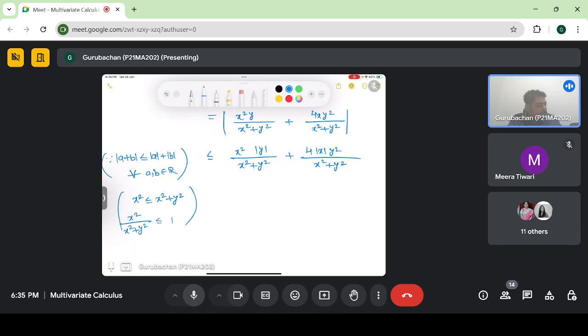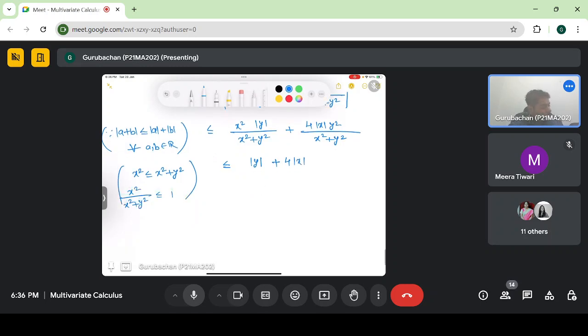With the help of this argument, we can write here mod y. In a similar way, for y square, we can write mod x. So we can rewrite it with a factor of 1 into 1 for more clarity: mod y can be written as this and mod x can be written as that. I hope everybody is clear with this step. Next, can we write it again with a similar argument, adding x square?